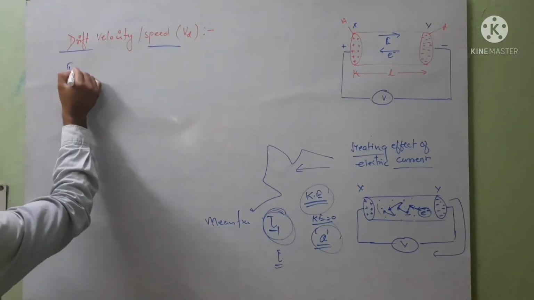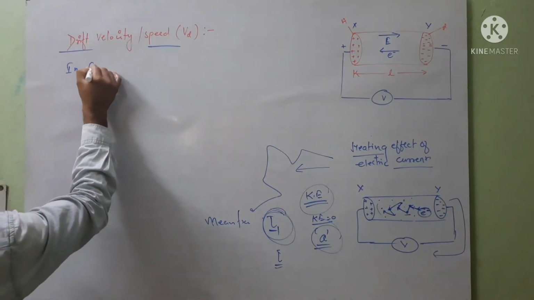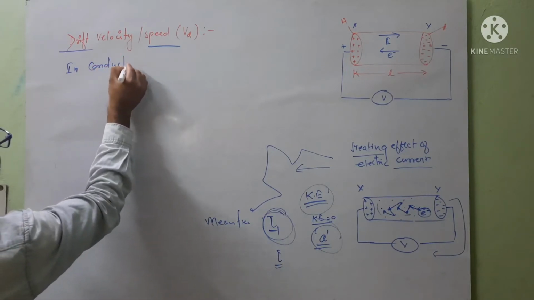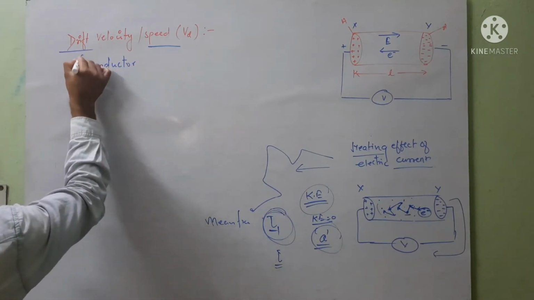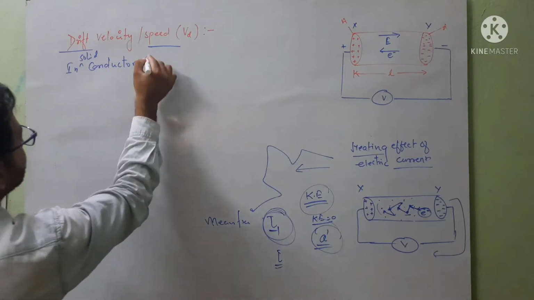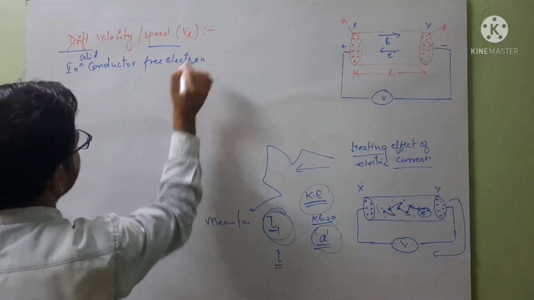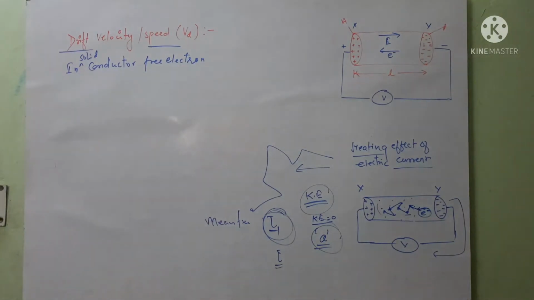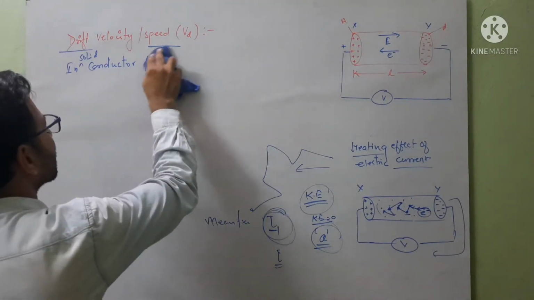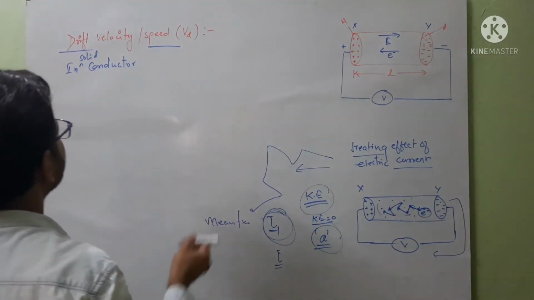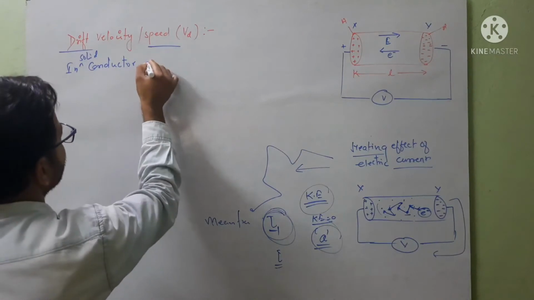So we can say in conductors, we are talking here about the solid conductors. If you have any doubt, you can write in solid conductors free electrons, which are valence electrons, or in short electrons.